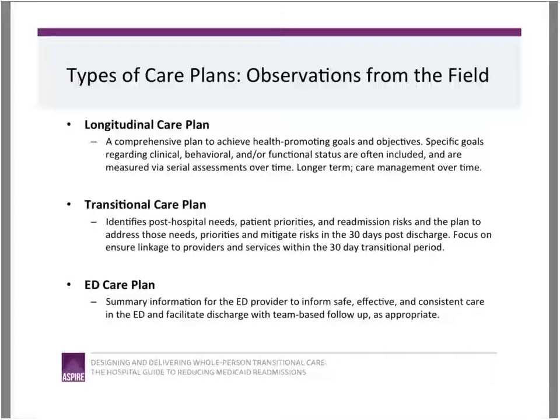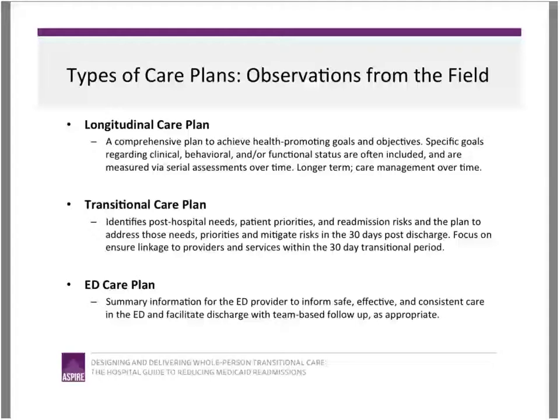I think that what we're observing is that care plans and types of care plans and uses of care plans are becoming more common in the lexicon of readmission reduction teams and high utilizer teams, and so it's helpful for these teams that are now considering using and deploying care plans to think about the different types of care plans as well as the information that might be helpful in each type of care plan.